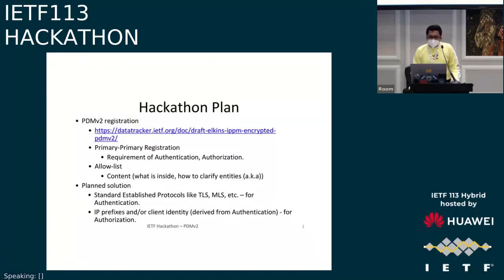We were having discussions on whether to have authentication, authorization, and how to do it. The planned solution is that, of course, we need authentication to share this information, so we rely on standard established protocols, TLS and MLS, for authentication. Then we have an allow list, which can have IP prefixes or client identities derived from authentication.